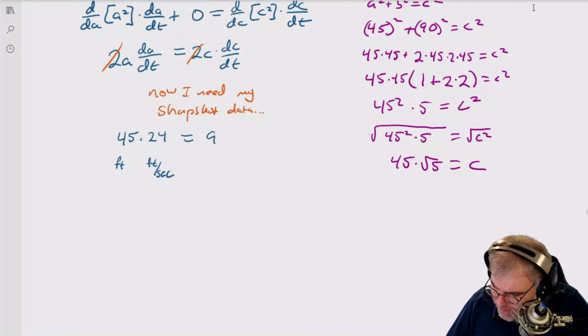Equals 45 square root 5 feet times dc over dt.